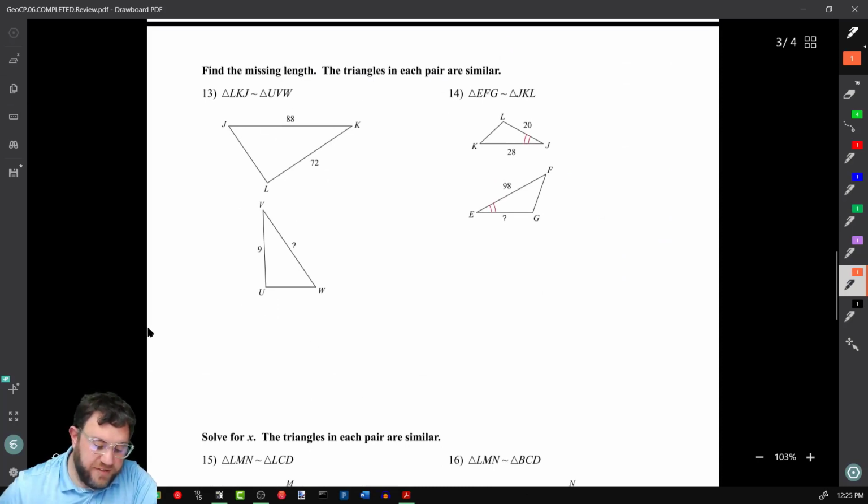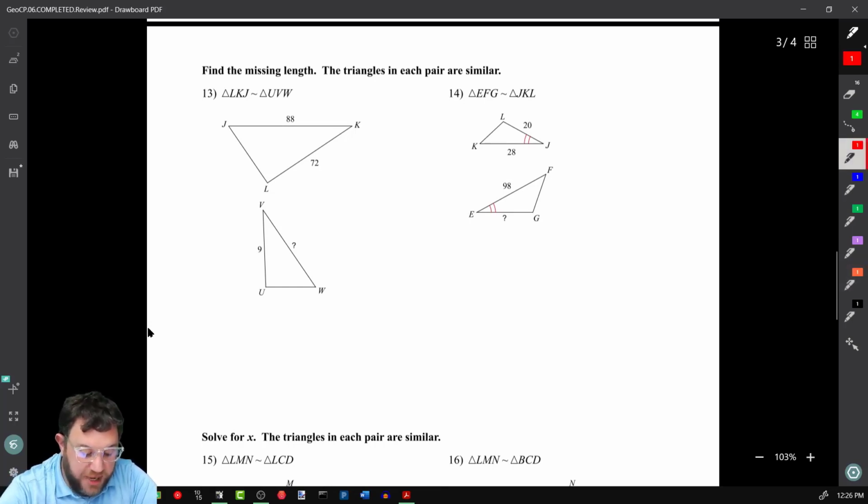For 13 and 14, we're told they're similar, and we're back to needing to find a missing side, just like how we did it earlier, only now we're kind of focused more on triangles rather than just polygons in general. Now, the side we're missing is VW in number 13. So VW has to correspond to KJ.